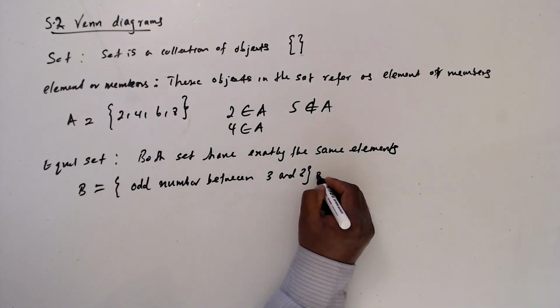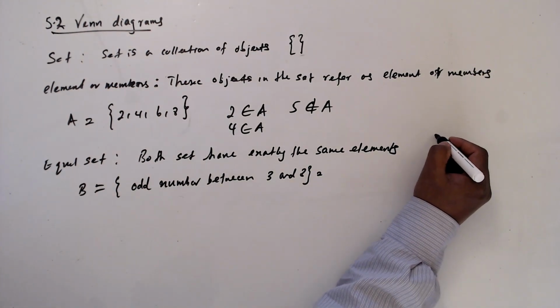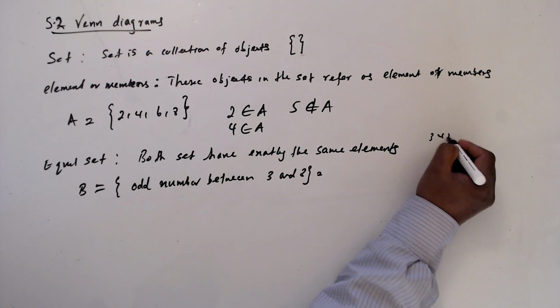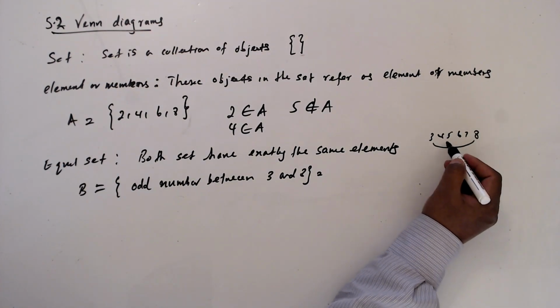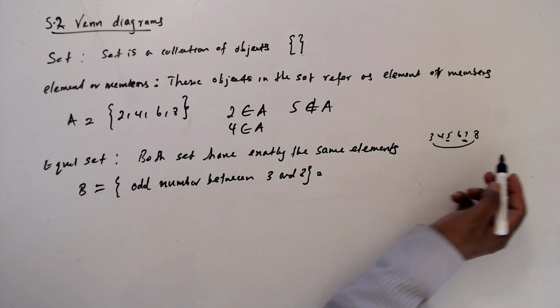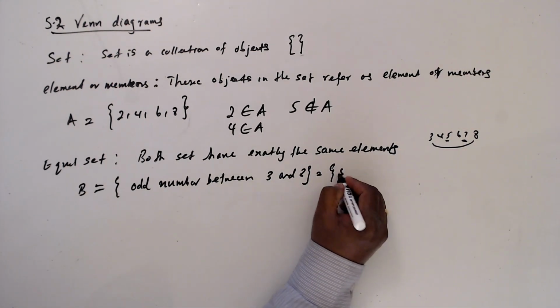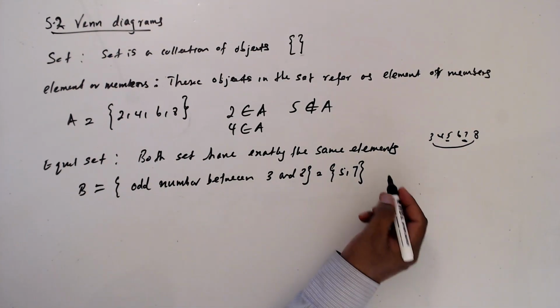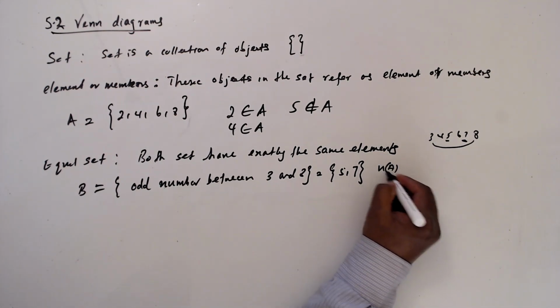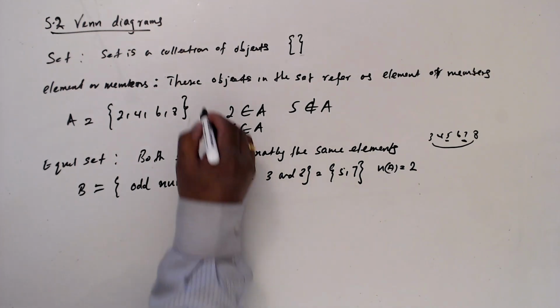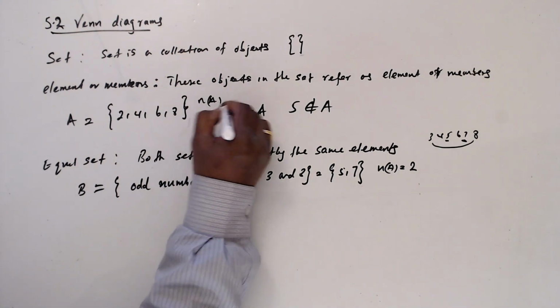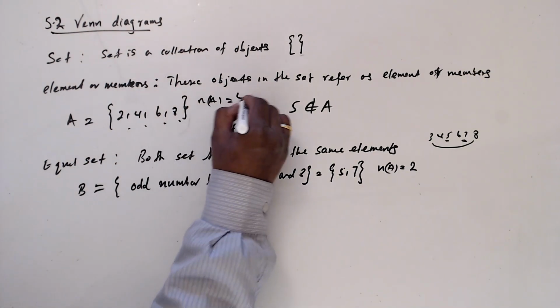So what is this set? 3, 4, 5, 6, 7, 8. The odd numbers between 3 and 8 are 5 and 7. What is n(A)? Number of elements. So here n(A) is 2.